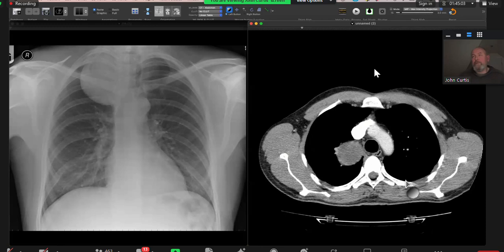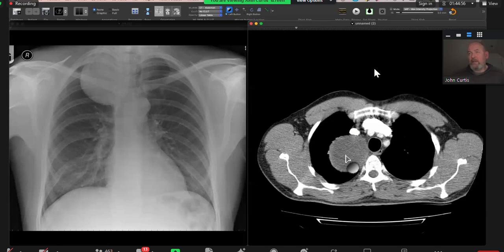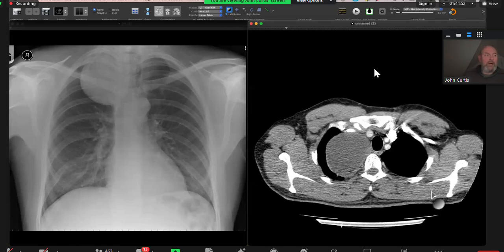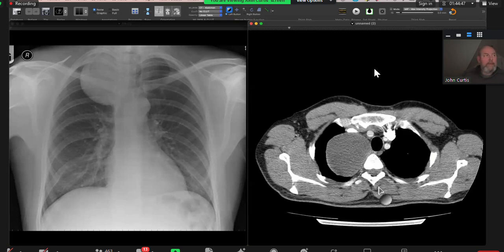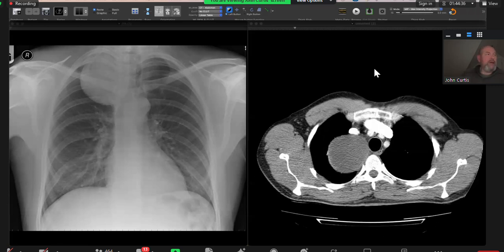Would you be concerned that the contents of the schwannoma are very low density? Yeah, it can be a cystic schwannoma, sir. The other possible differentials here of a cystic density lesion could be a neuroenteric cyst. Okay, that's fine.